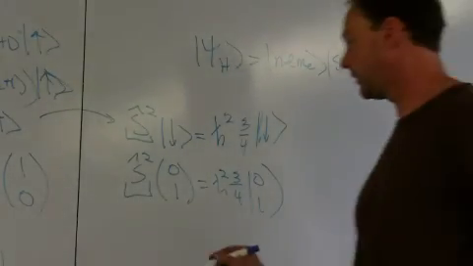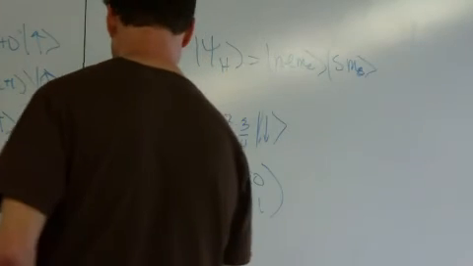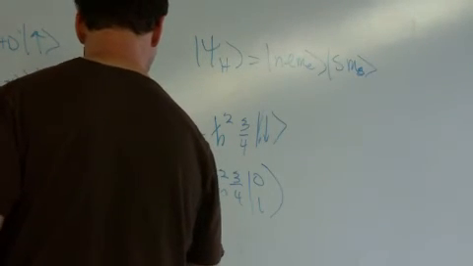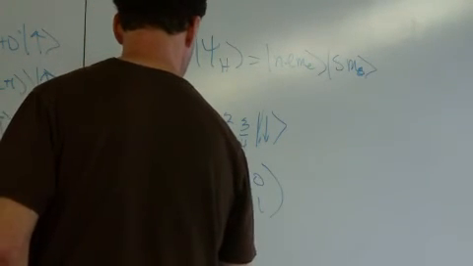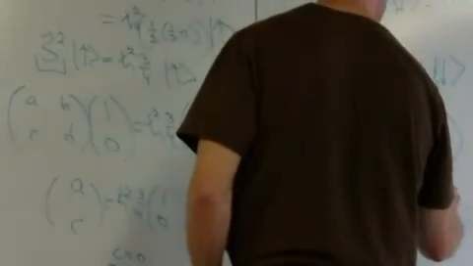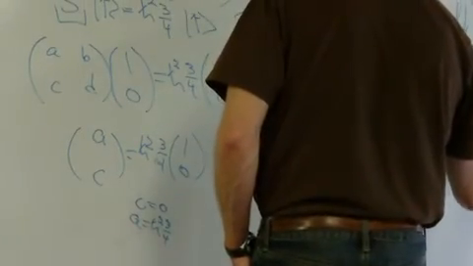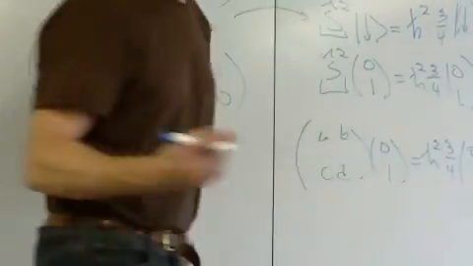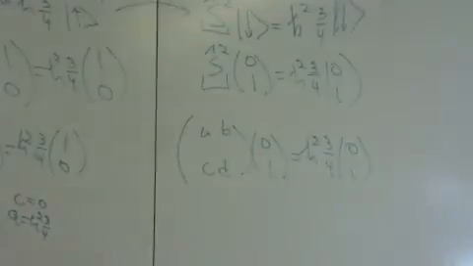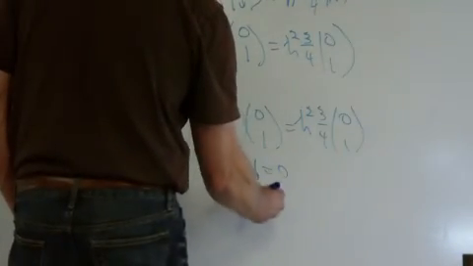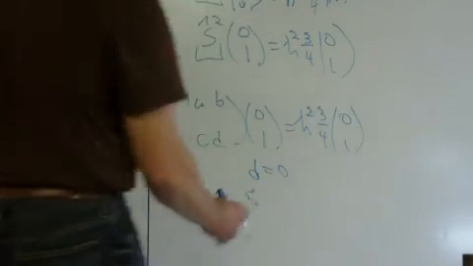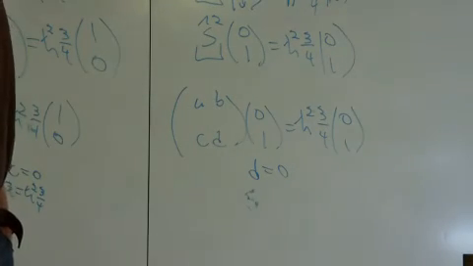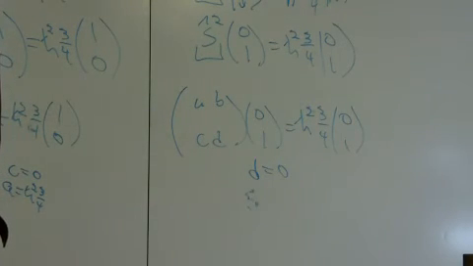Okay, so what does this tell us? We know the same thing: A, B, C, D times 0, 1 has to equal h bar squared 3/4 times 0, 1. And what you get is B equals 0 and D equals h bar squared 3/4. Oh, I use different letters in the book, okay?